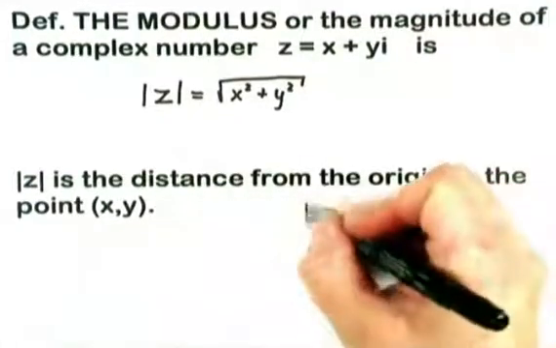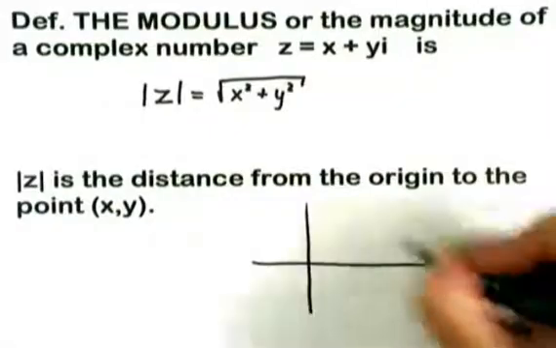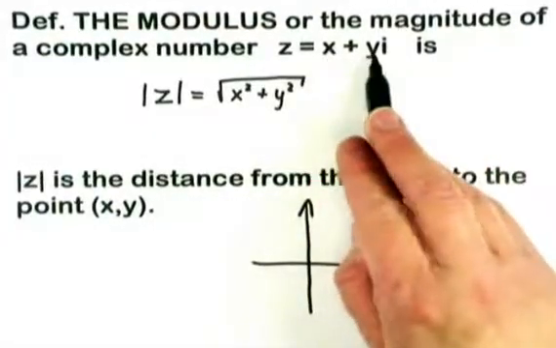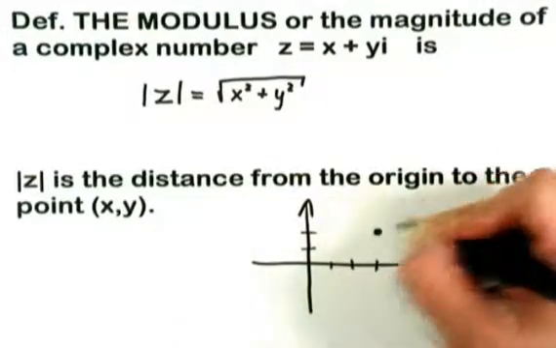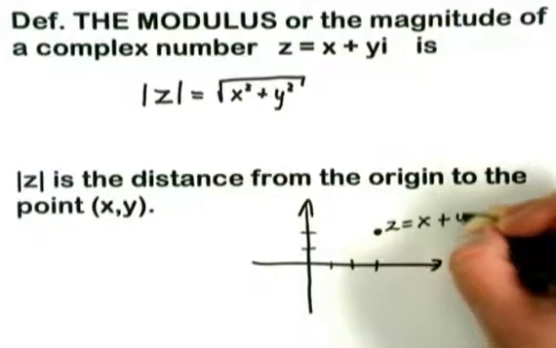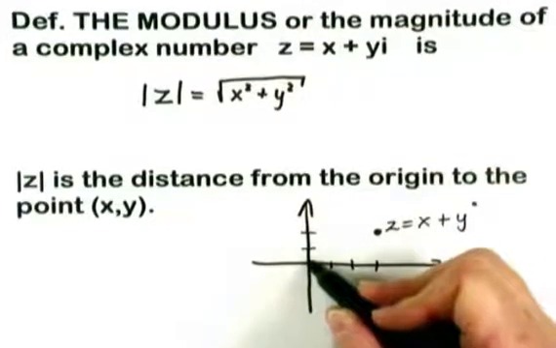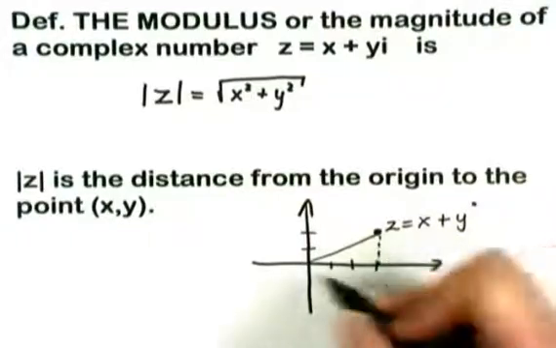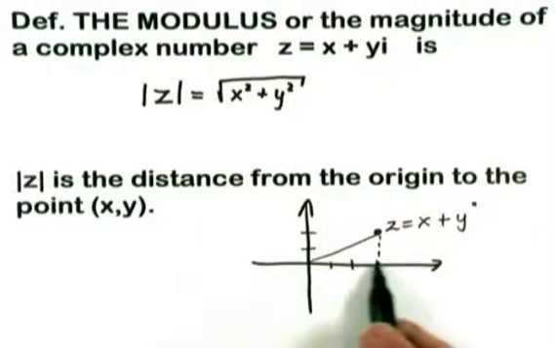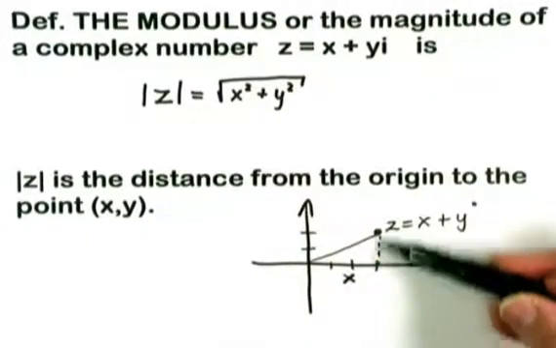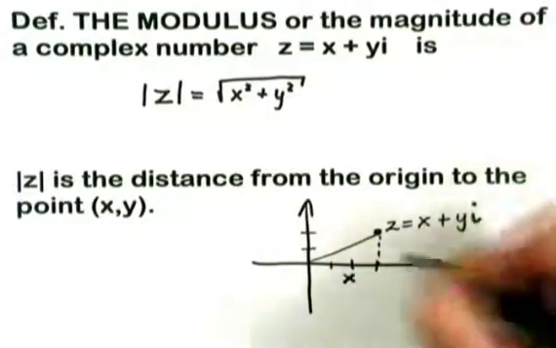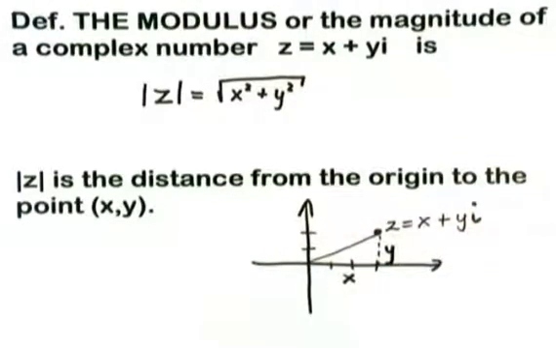So if we consider our coordinate system, the point x and y, the complex number, can be right here. z is equal to x plus yi. If I connect this with the origin, this gives me a right triangle. This distance is my x distance, and this distance is my y distance. If I use the Pythagorean theorem, this distance we can call r, or the distance z.